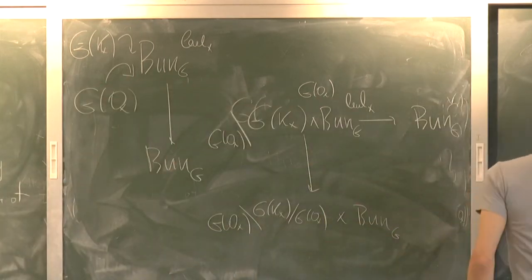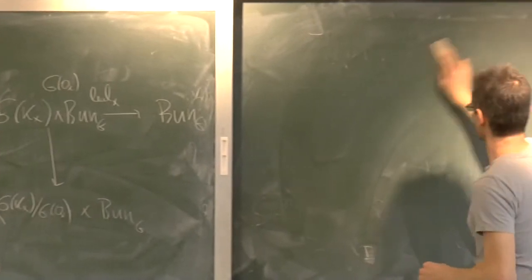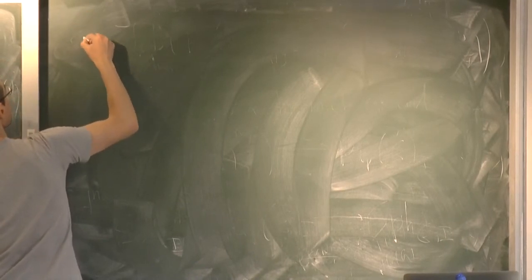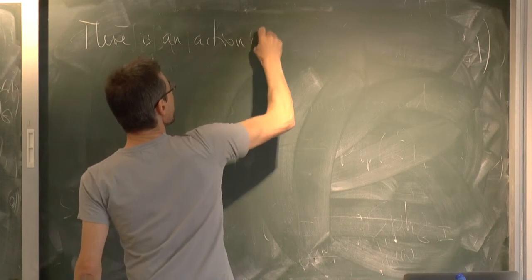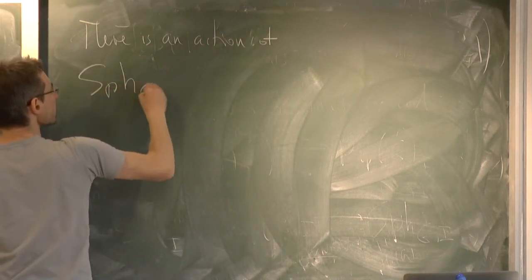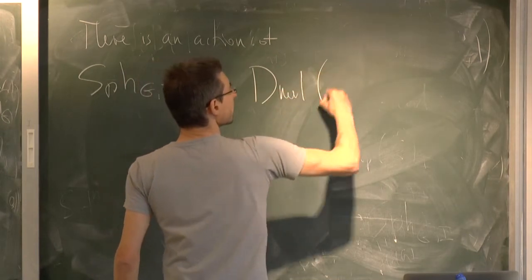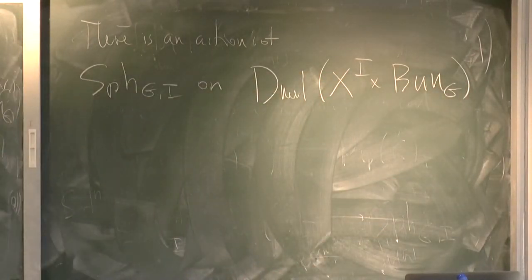I don't want to drag you through this procedure with formal disks again, but if you observe the definitions carefully, I claim that there is an action of the spherical category of G_I on the category of D-modules on X^I times Bun G. So you can do everything relative in families, and you'll have to define this relative version of the formal Bun G with trivialization on this formal disk.